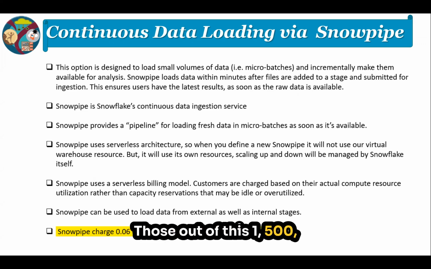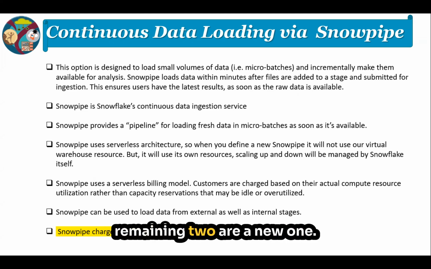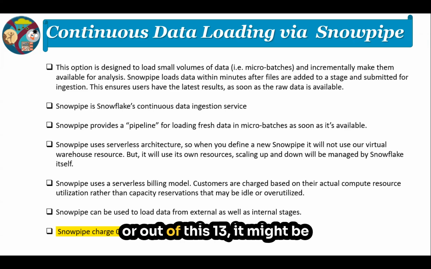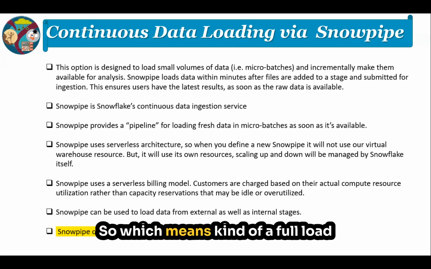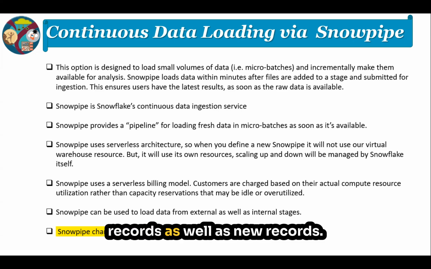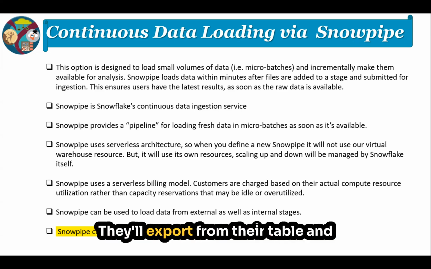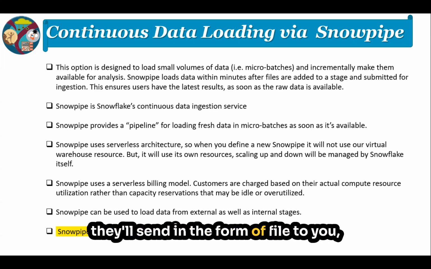Out of this 1,500, maybe 1,300 are old ones and the remaining are new ones, or some might be updated records. So a full load means you always get old records as well as new records. The entire data set is exported from their table and sent to you in the form of a feed file.